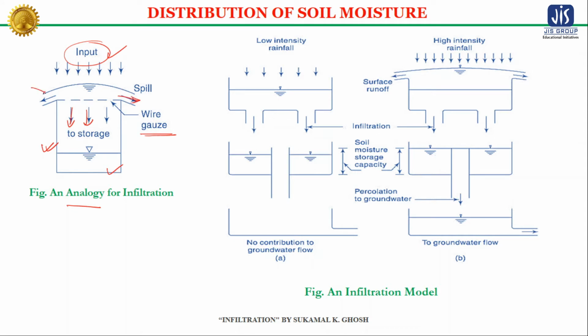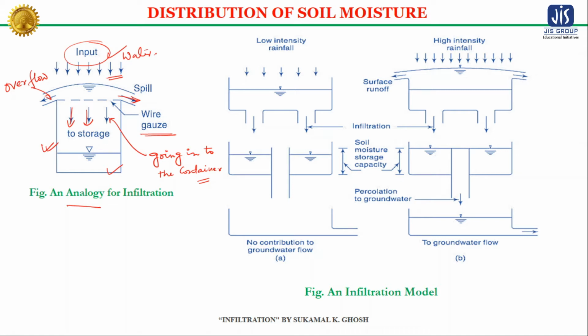This is the overflowed water, and this is the part of water that is going into the container. And this is the amount of water which we pour into the container.